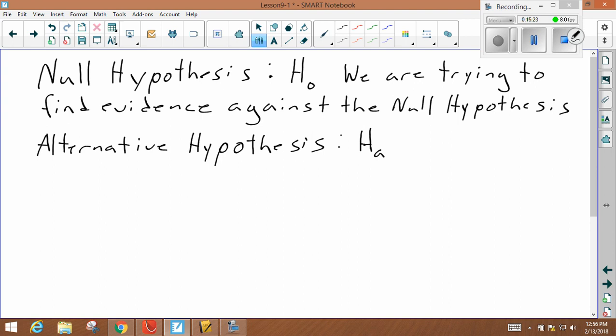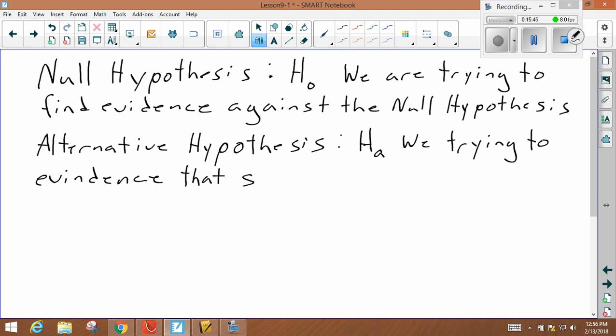Makes sense, right? And we are trying to find evidence that supports this hypothesis.